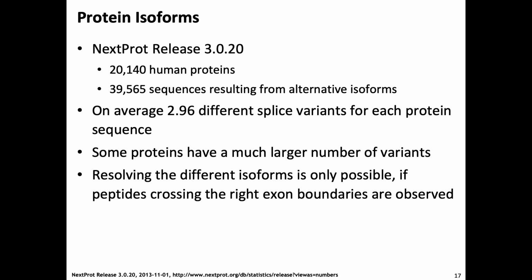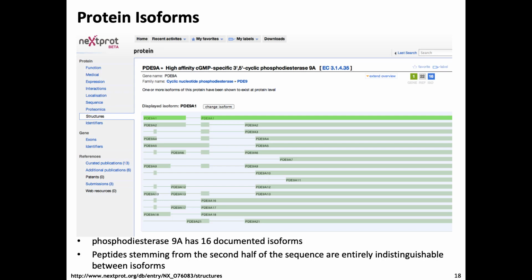Many of them don't have any isoforms, and then there are some that have 16, 17 different isoforms that often differ only in small parts of the sequence. Resolving these isoforms is possible if you have peptide evidence that distinguishes some of them. Otherwise, you're in trouble.